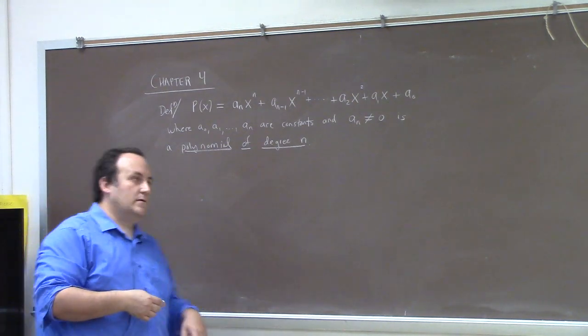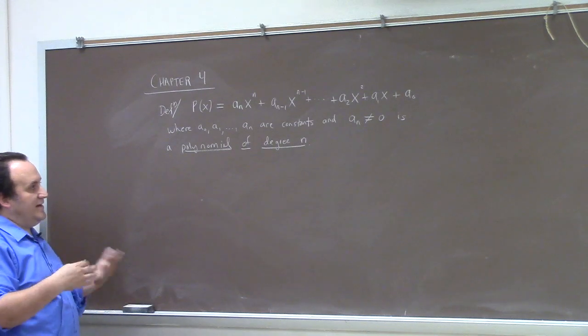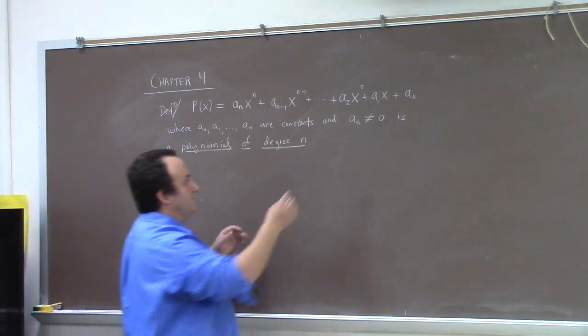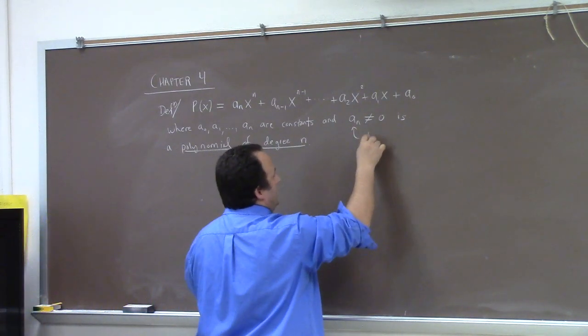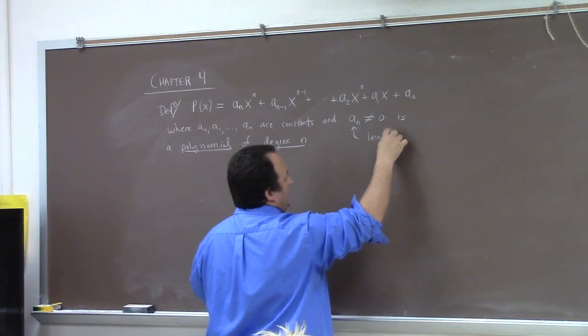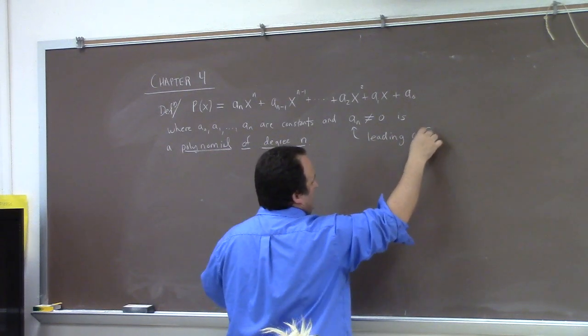So the leading a_n is the so-called leading coefficient. The leading coefficient of a polynomial is the one on the biggest power.